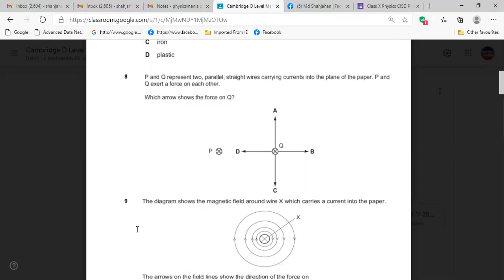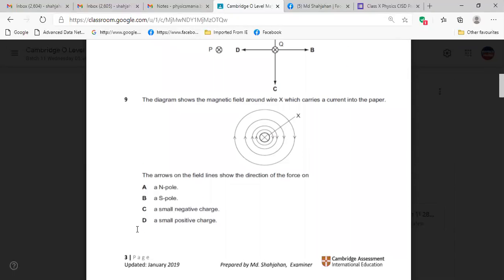Now, question 9. What is the answer? The arrows on the field line show the direction of the force on the N pole.